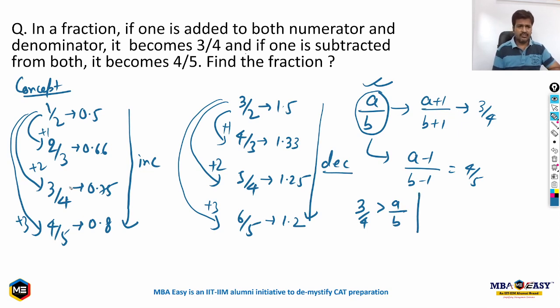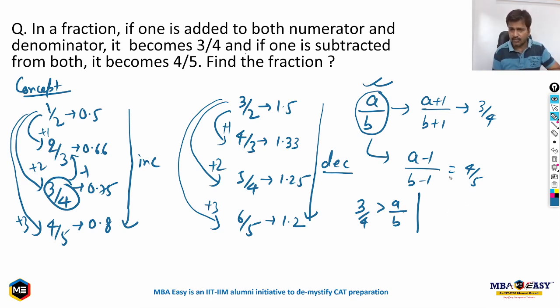And look at this, take it this way. 3/4 is a proper fraction. If you subtract 1 from both numerator and denominator, it will become 2/3, which is less than 3/4. So in a proper fraction, if you add a positive number to both numerator and denominator, the fraction increases. If you subtract some positive number from both, the fraction decreases.